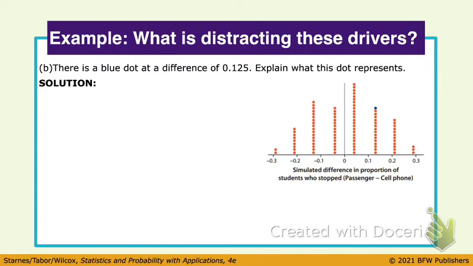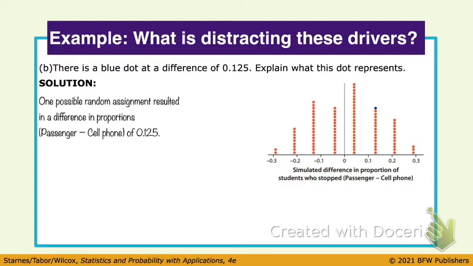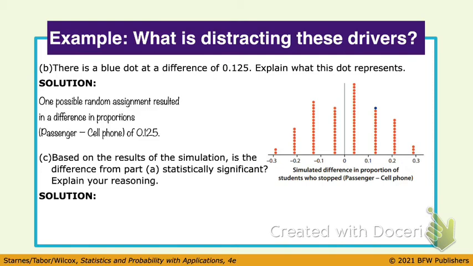Okay, so the blue dot at 0.125, what does that dot represent? That is one trial in the simulation, okay? That blue dot is one trial in the simulation, and it got a result of 0.125. Now, what about our particular example? We had a difference of 0.375, right? How many times did that happen in the simulation? Well, that never happened.